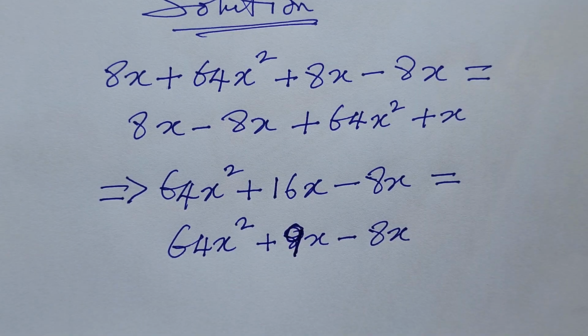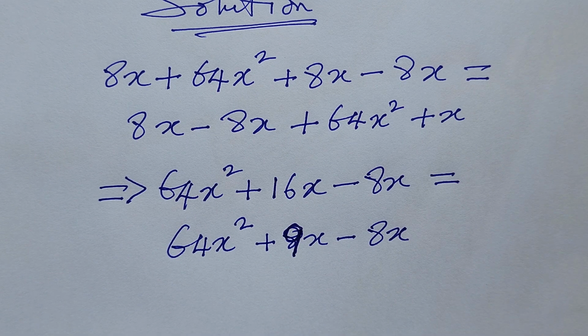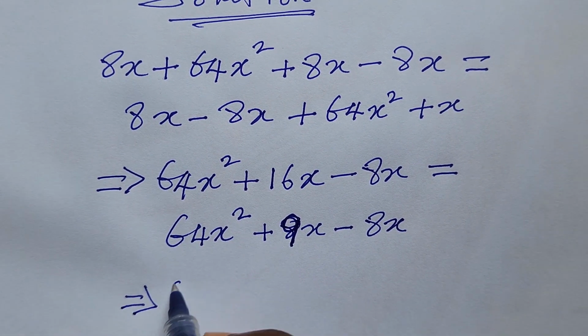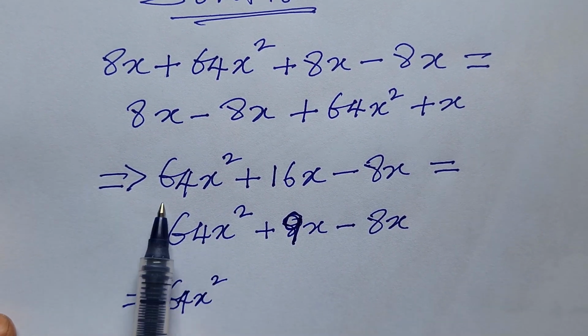So what do we do at this point? We just have to collect like terms. The terms that are similar, move them to this side. The ones that are not similar, we leave on one side. Or let's move all terms to the left hand side, better still, right? So this will now be equal to our 64x to the power of 2. We move this 64 to this side.